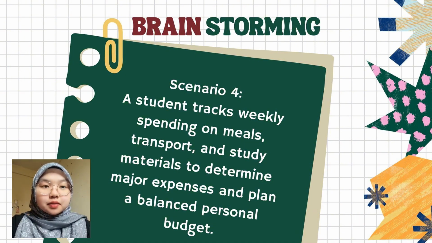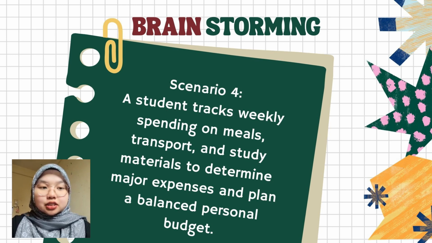For example, meals may seem cheap on a daily basis, but when calculated weekly, they might be a large portion of spending. Transportation costs such as fuel and public transport or ride-sharing services can also add up quickly. Study materials, including printing, books, and online subscriptions, are necessary expenses but still need to be managed wisely.